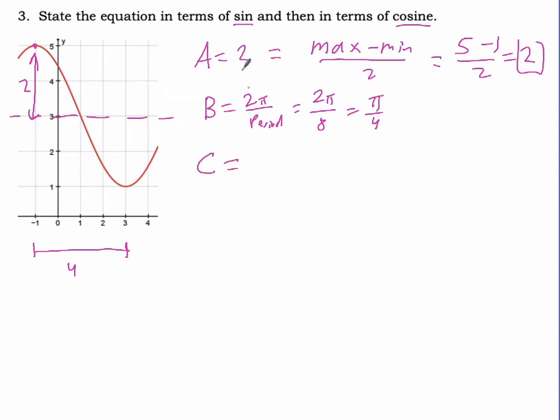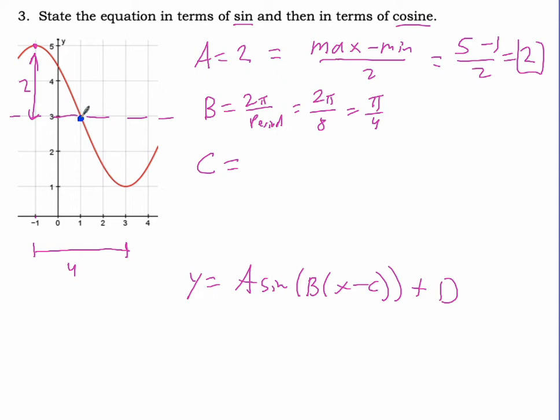C value, remember we're looking at y equals a sine(bx minus c) plus d, right? C value is the horizontal shift. Now sine usually starts at 0, okay? Sine usually starts at 0.